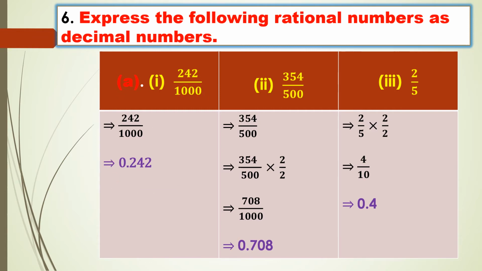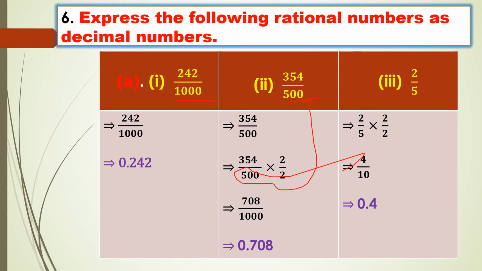Okay, so next, 354 by 500. This procedure is applicable only for 10, 100, 1000, 10,000 like that, not with 500 or 200. So to make 500 into 1000, this is my easy procedure, I should multiply by 2.